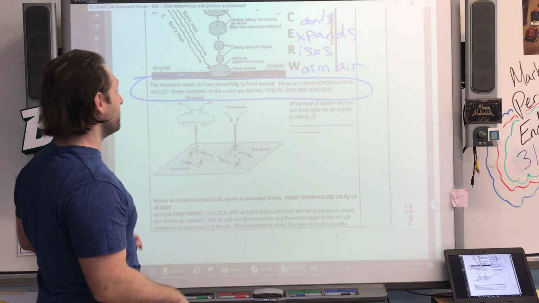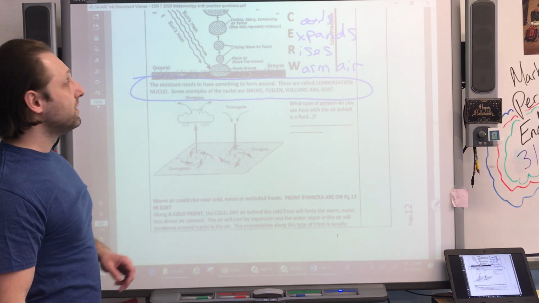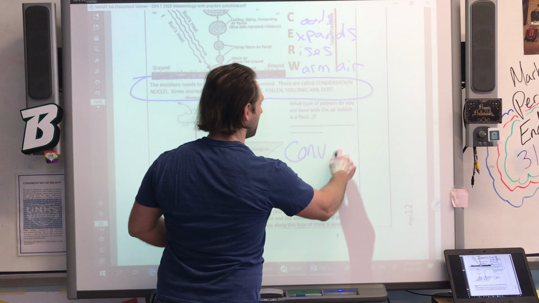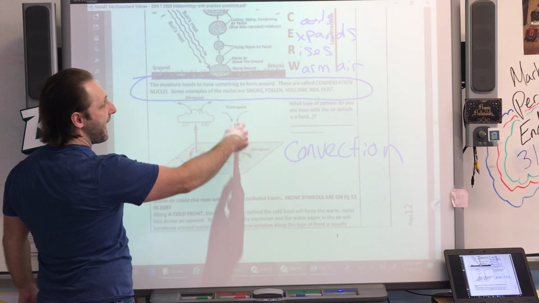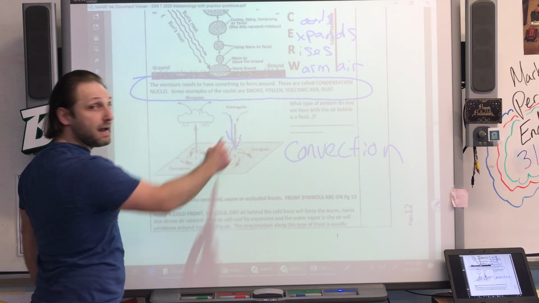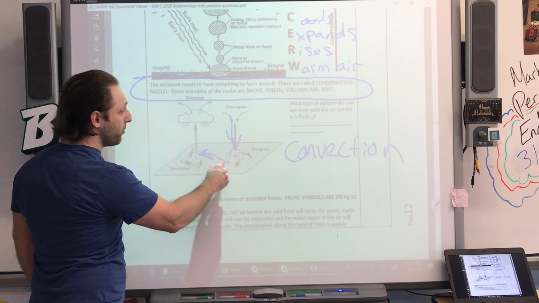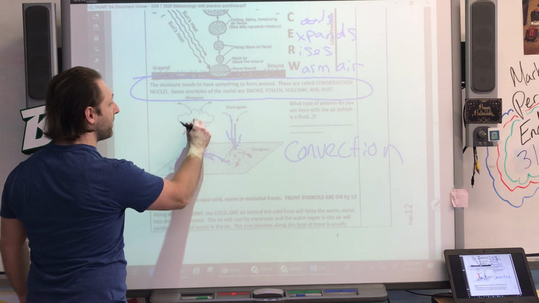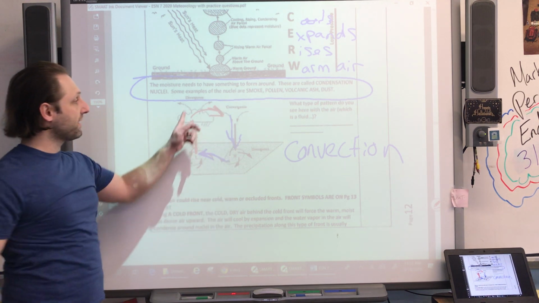All right? But anyways, so back here, we've got our reminder that we're dealing with convection cells. But we're going to see how now air falls in a high pressure. It fills into a low pressure, and then that air rises up in a low pressure and spreads out to finish the convection cell.